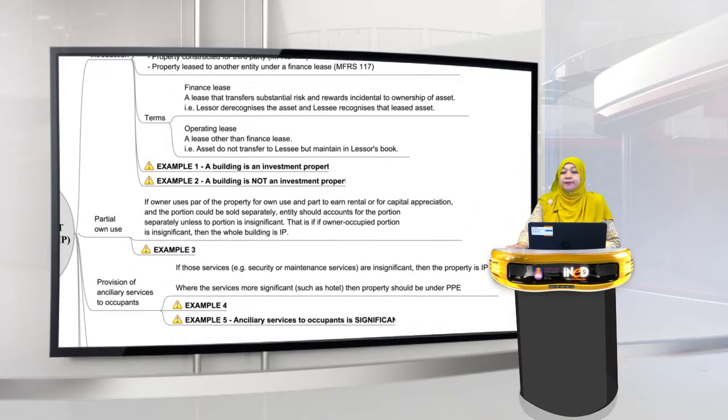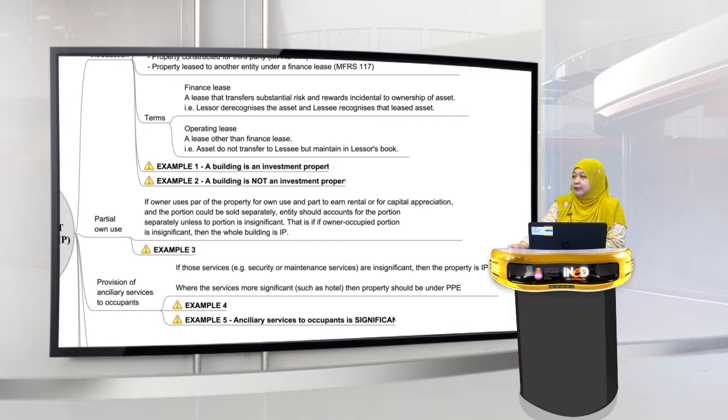Now let's say that we own a building with many floors, okay? In that case, we occupy a certain floor of the building and rent out the rest of the building. So how do we recognize that building?